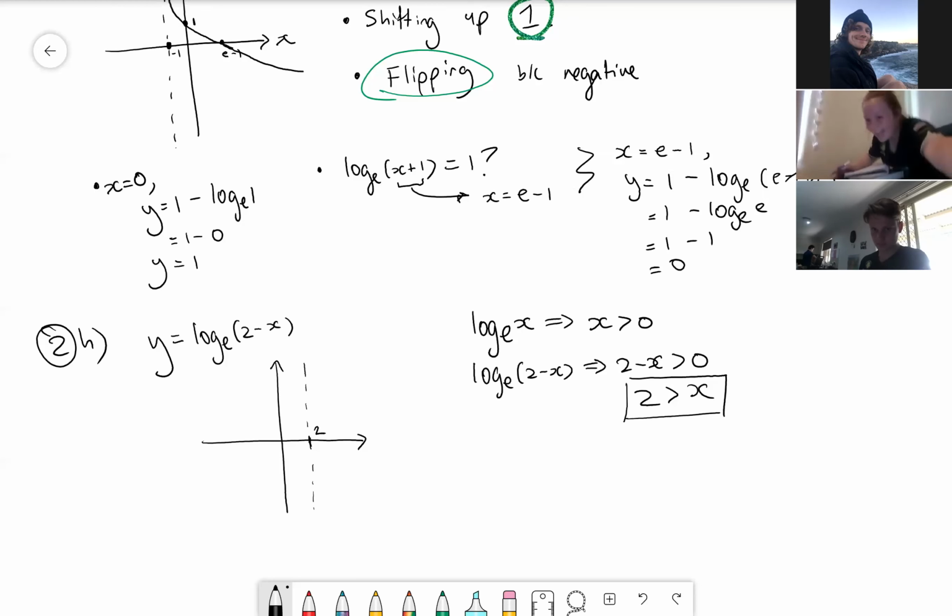And we know that as well. Another way we can find the asymptote is because 2 minus x also can't equal 0. So x cannot equal 2. So we know the asymptote's at x equals 2, and we know that all of the x values need to be on the left-hand side of this asymptote.